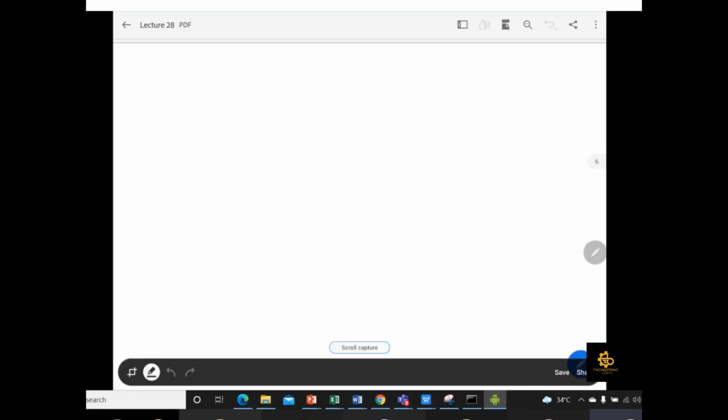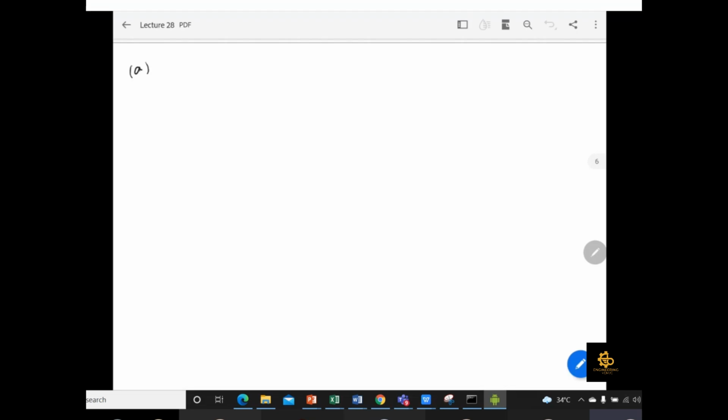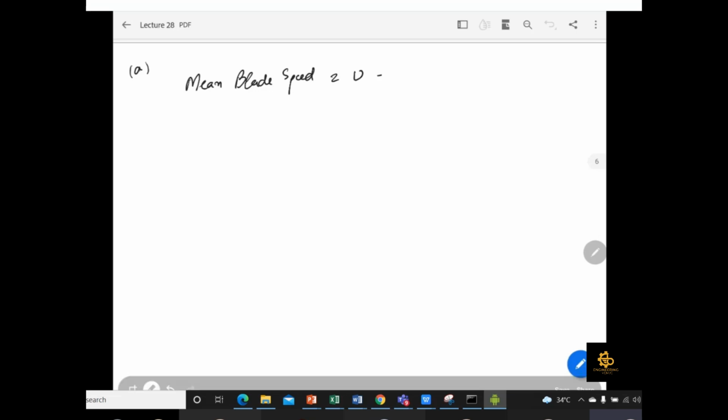So the solution is very simple. Part A, you have to find mean blade speed. We already noted mean blade speed as U. So U you can easily find as pi times diameter of the blade times number of RPM divided by 60. This is the simple formula to calculate.